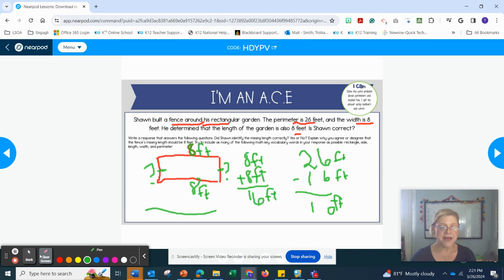So instead of it being 10, I'm going to divide my 10 into two equal pieces, which is 5. Let's see what color. We're going to do blue. So 5 feet and 5 feet.